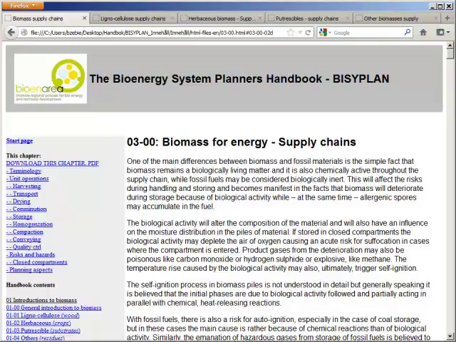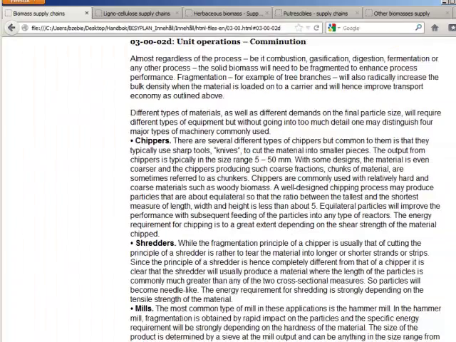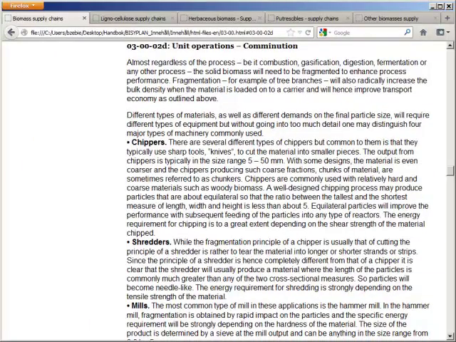So we have now talked about a number of different unit operations, and time has come to look into comminution or fragmenting of the material. Comminution or fragmentation of biomass will, on the one hand, as we talked about when discussing transport properties, increase the bulk density and hence improve the transport economy.